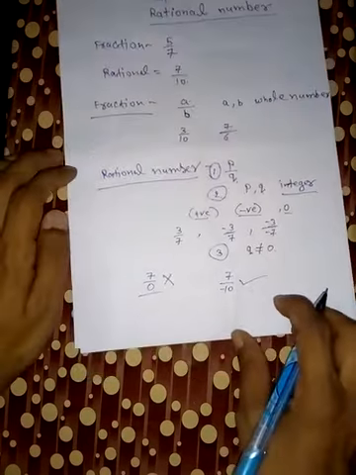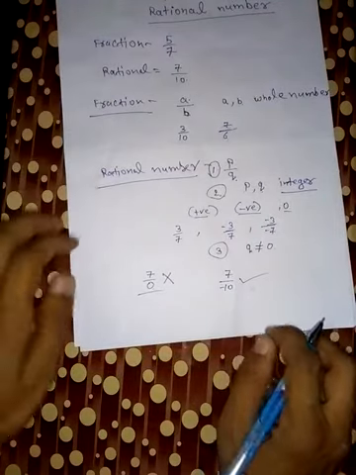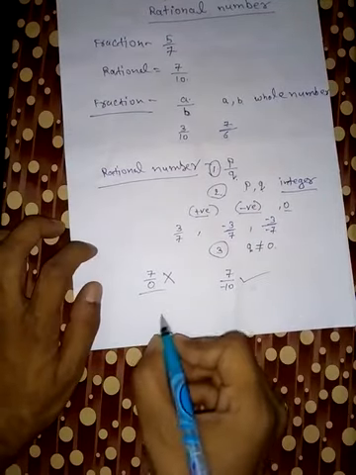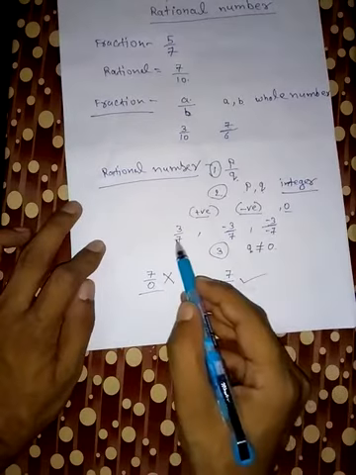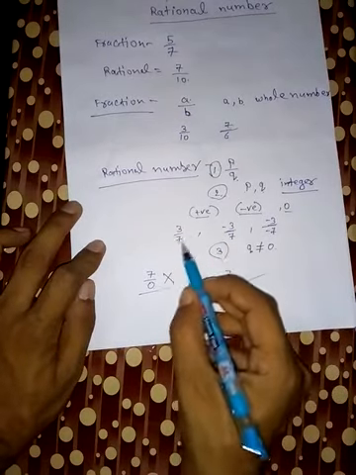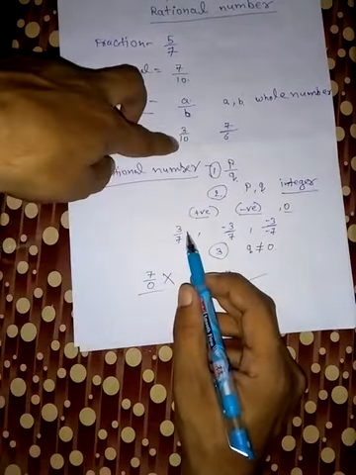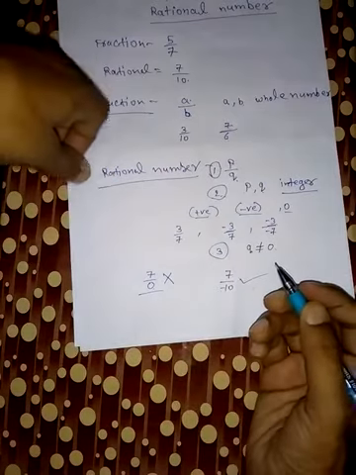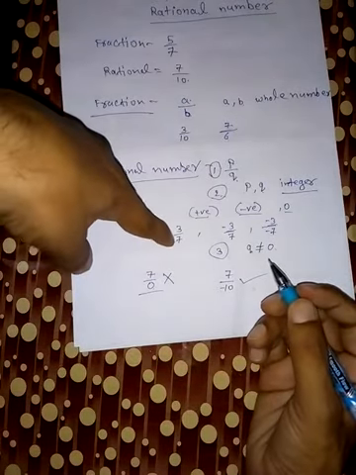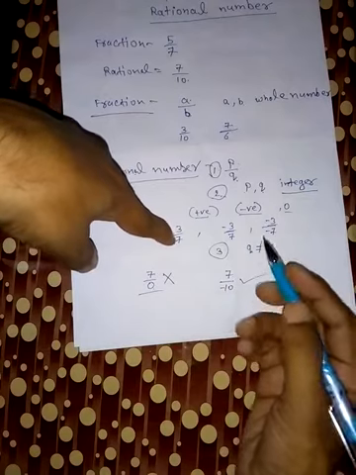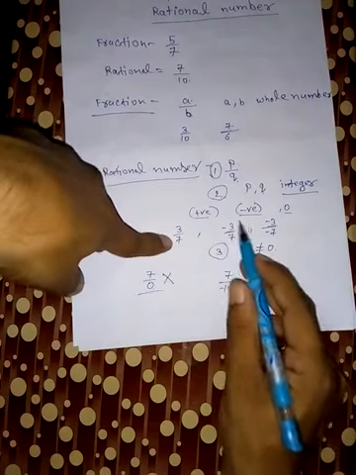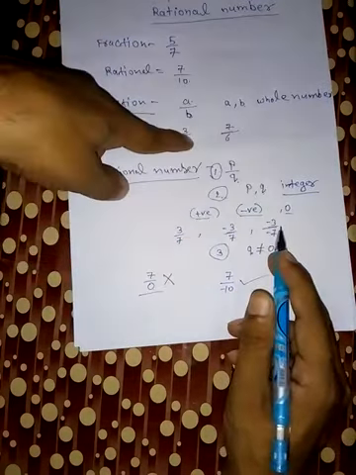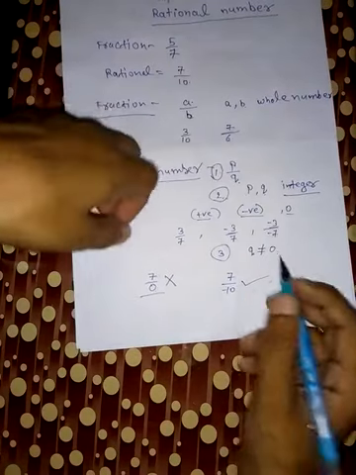So there is some similarity in fraction and rational number. We have to notice this also. If we take any example here, 3 by 7 is a fraction also, and 3 by 7 is a rational number also. Clear? But minus 3 by 7 is a rational number, but it is not a fraction. Clear?